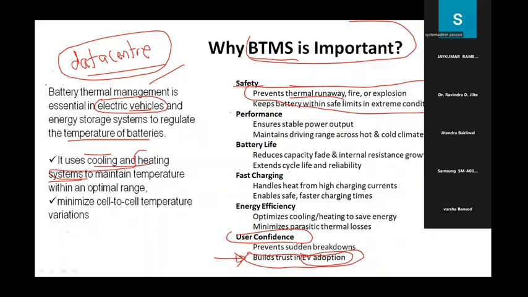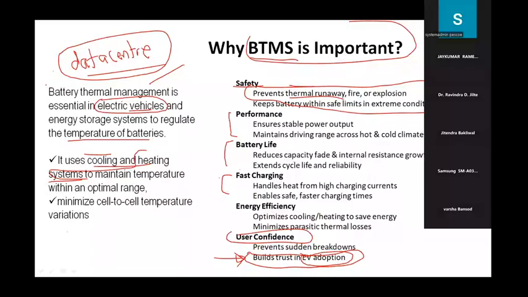It will also help us in improving the performance and the battery life. Nowadays, the development which happened in mobile chargers and mobile batteries, the same thing is happening with EVs.